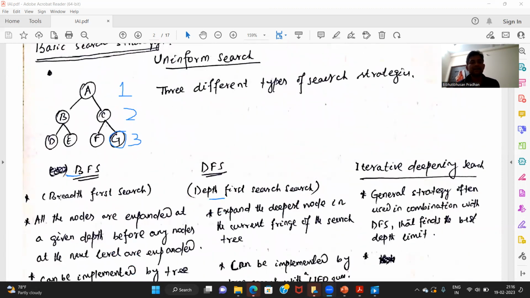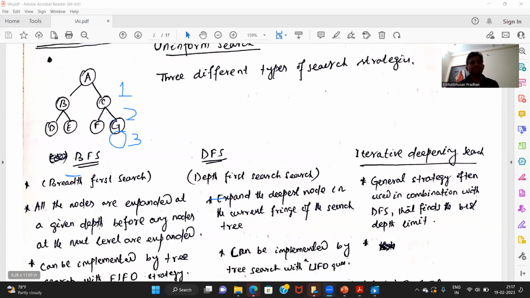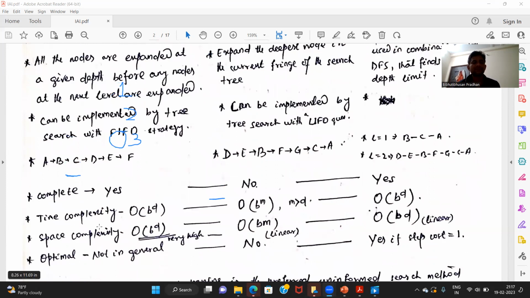Completeness means that if I start searching, it is always able to find the given goal node, then it is a complete searching strategy. Here it touches each node, so definitely it is a complete searching strategy. Because it is complete, this is the biggest advantage of breadth first search.